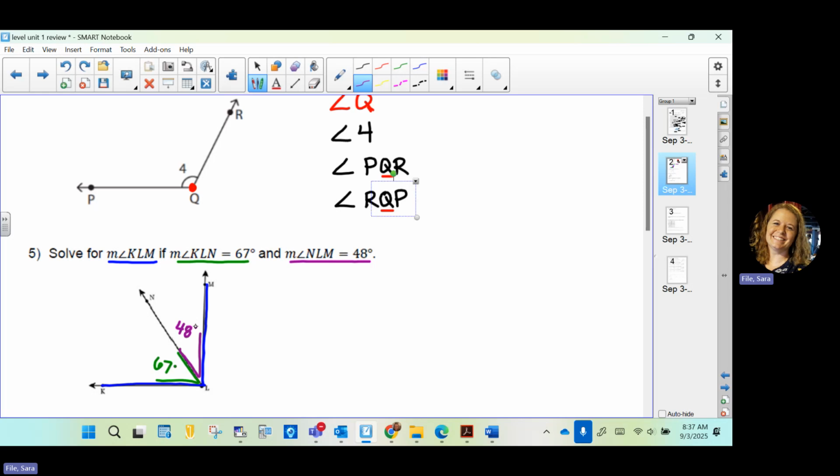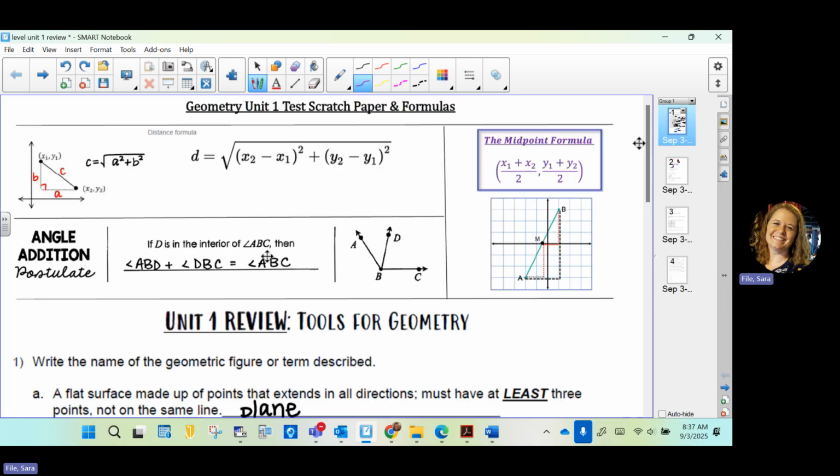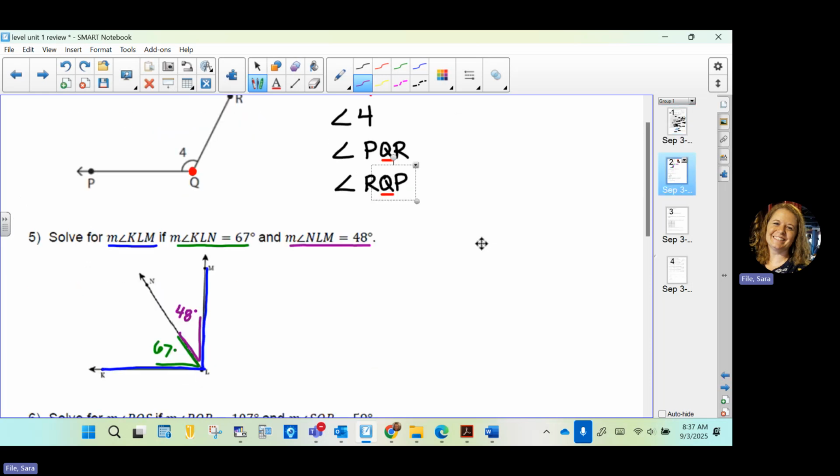So what am I going to do to find the big blue angle? Yeah, I'm just going to add them. This is what I said at the very beginning. I reminded you this is going to be on the formula chart. This is angle addition. The 2 smaller angles have to add together to equal the big angle. Okay, so that's all we're doing here.